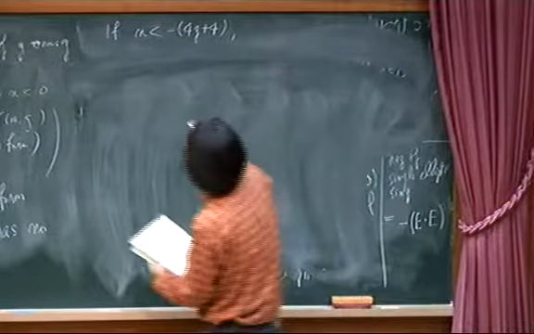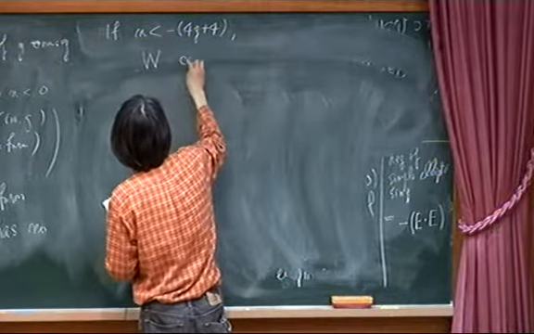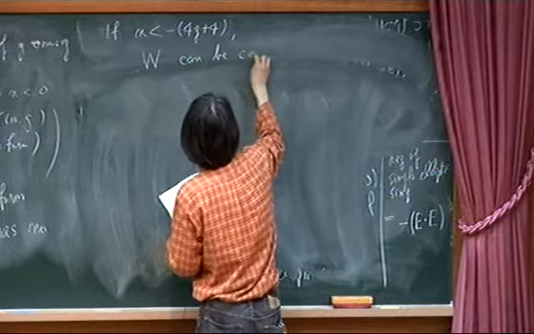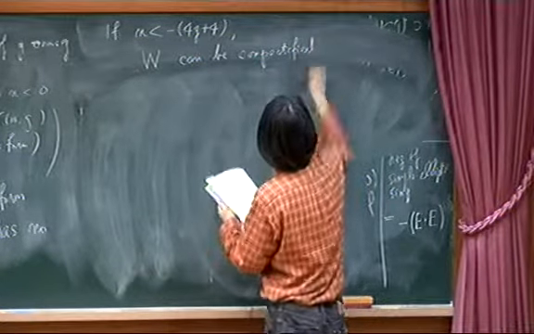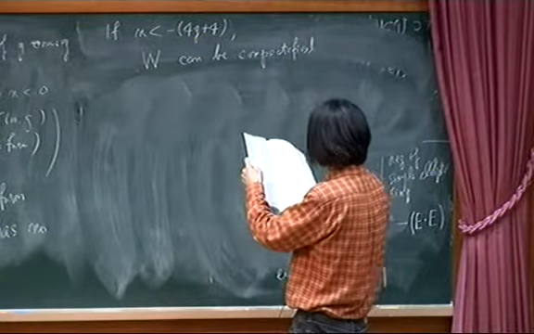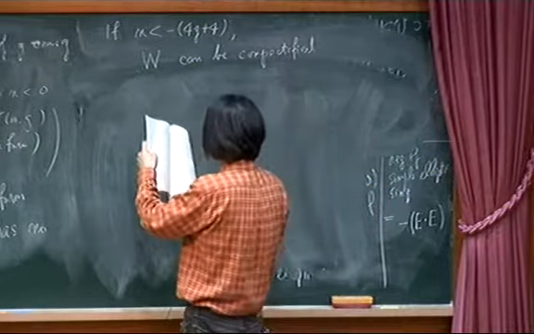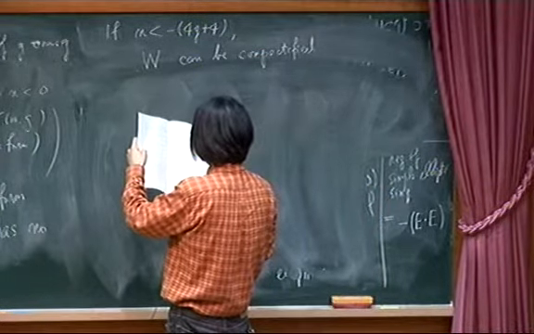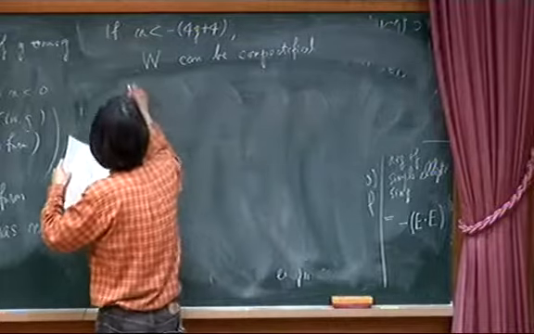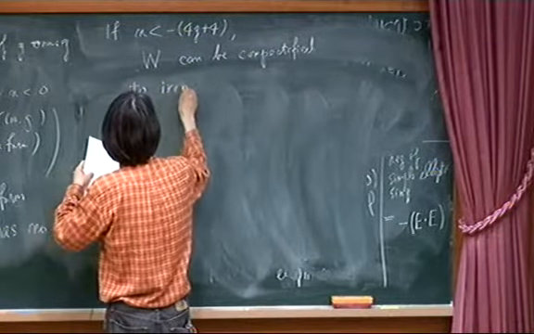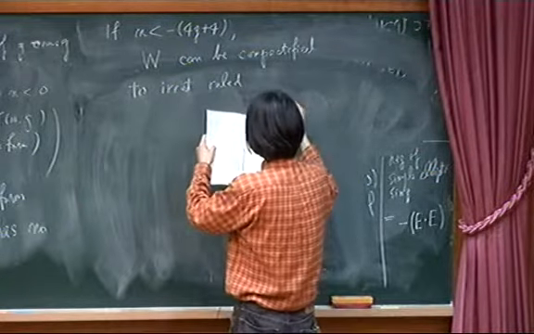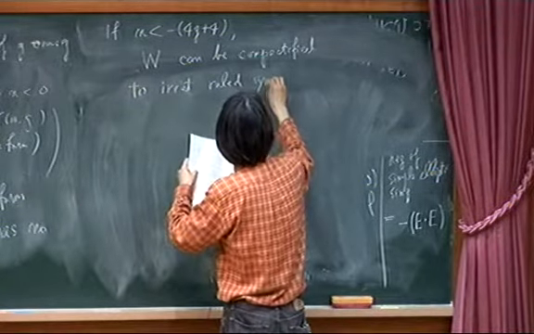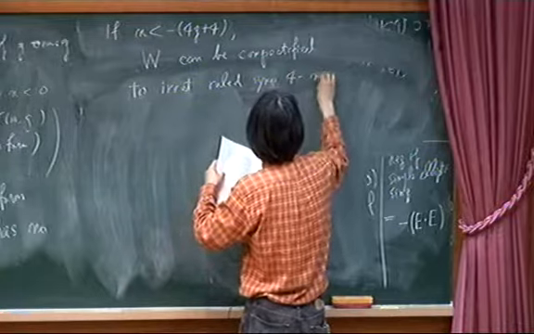Namely, our symplectic filling W can be compactified to an irrational ruled symplectic four-manifold.